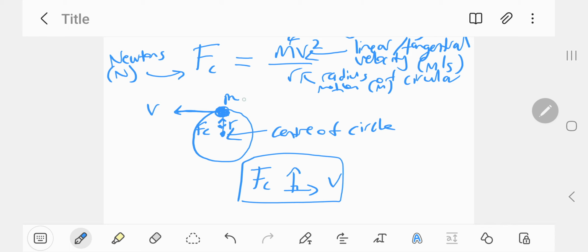And it makes sense. When you let go of the string, the object in this case will fly off in a straight line. You can try this at home, just a string and a ball that's tied up, swing it around your head and then let it go at a point along the motion. It'll just fly off in a straight line. And that's why it's called linear velocity for v.